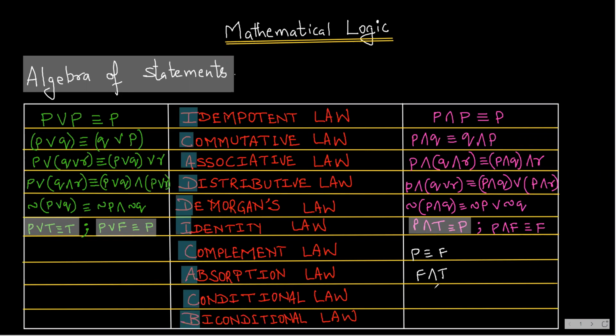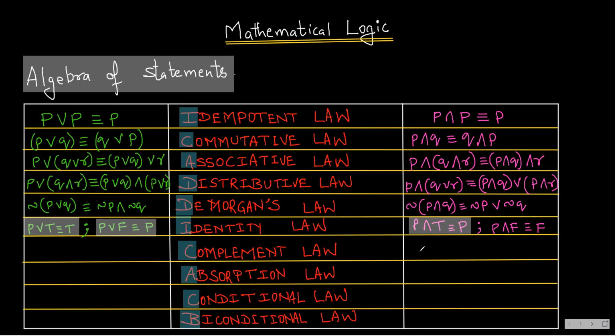False and true is what? It is false. And false is nothing but P was false. We check this. P was false. So P and true is always P.